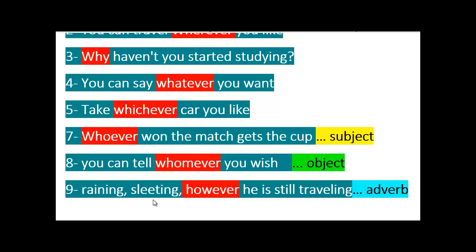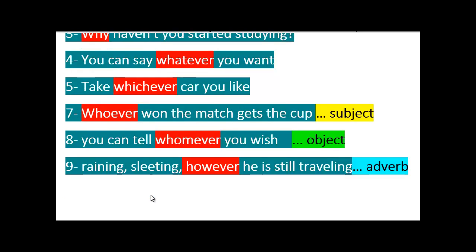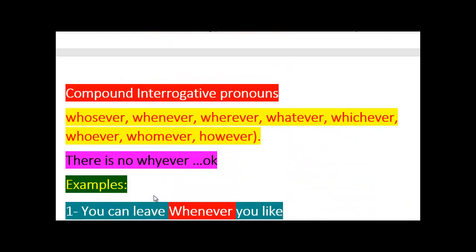It's raining, sleeting. However, he's still traveling. Here however is an adverb, but just to show it as an example. Sleeting means raining and snowing at the same time. So these are some examples of the compound interrogative and the interrogative pronouns.